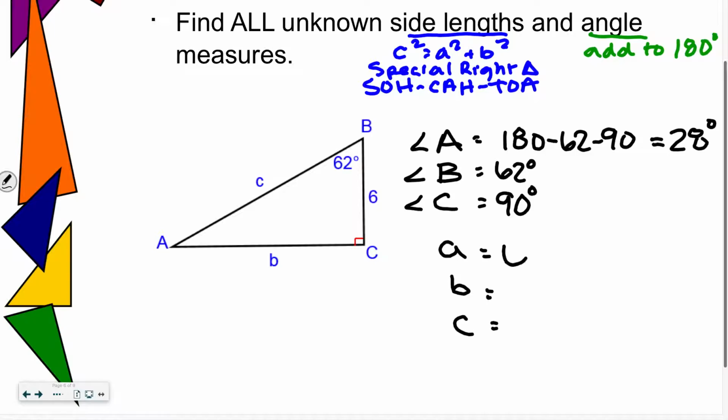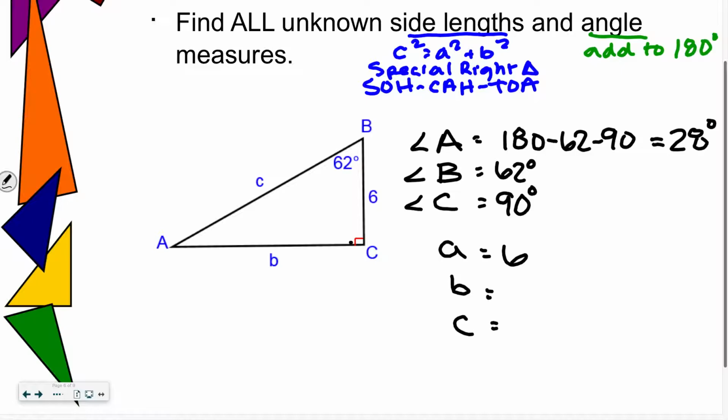That's side A. Opposite of angle B is side B, which we don't know yet. And opposite of angle C is side C. We normally say that angle C is the right angle so that C squared equals A squared plus B squared. The hypotenuse is C.